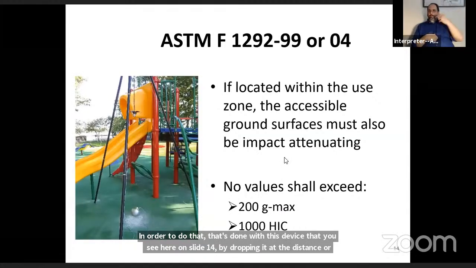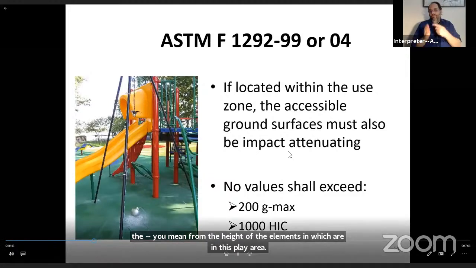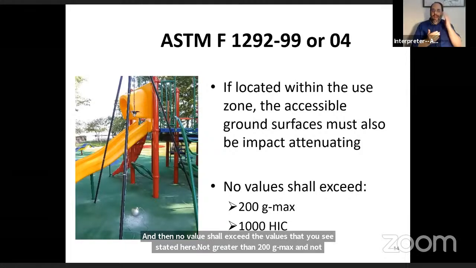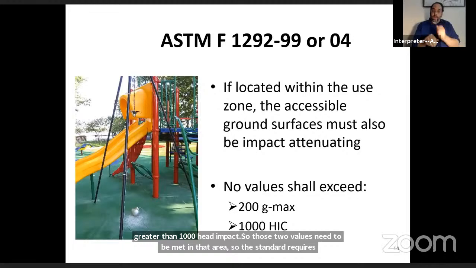And then no value shall exceed the values that you see stated here. Not greater than 200 G max and not greater than a 1,000 head impact. So those two values need to be met in that area. So the standard requires the surface to meet those impact attenuating requirements.